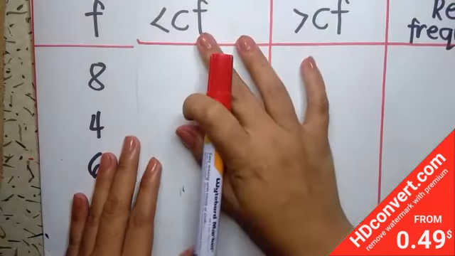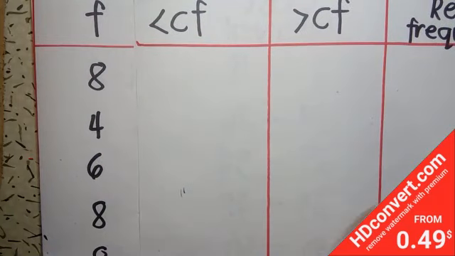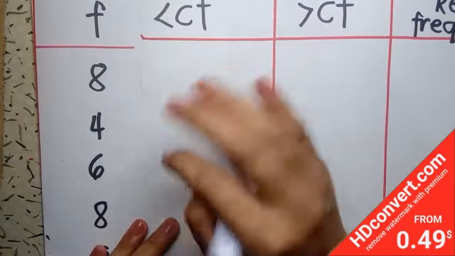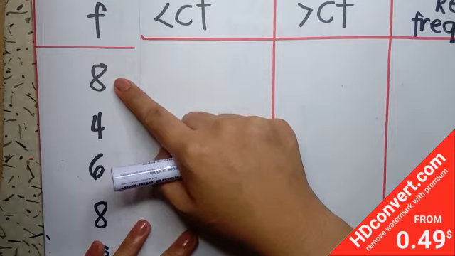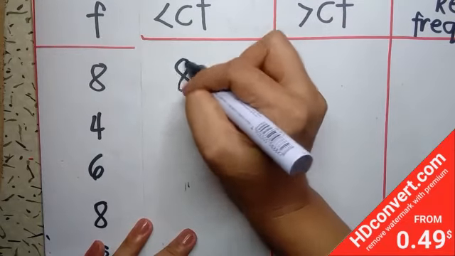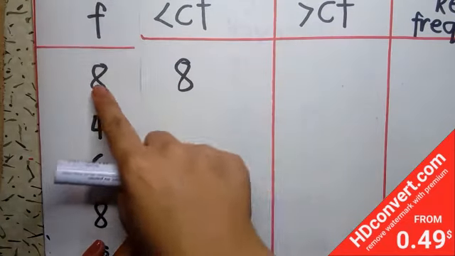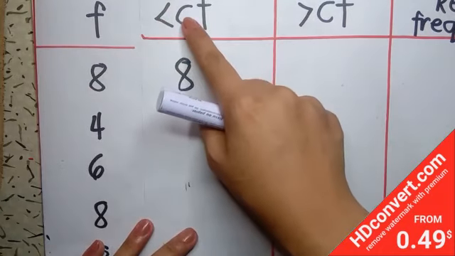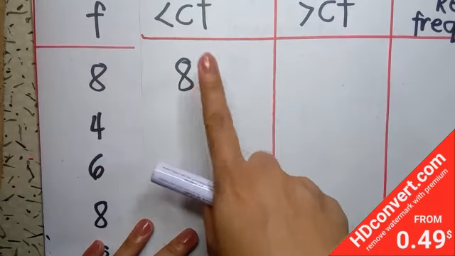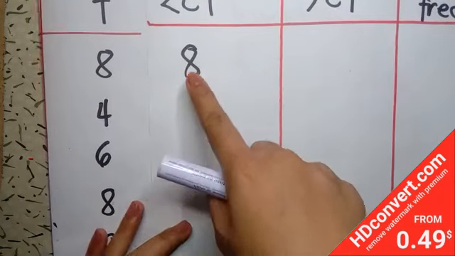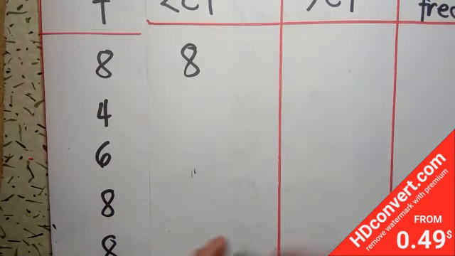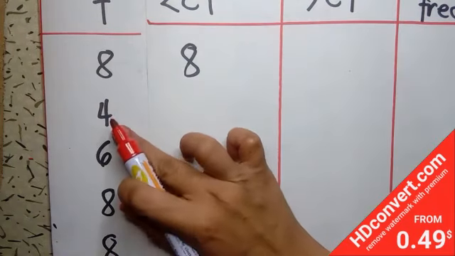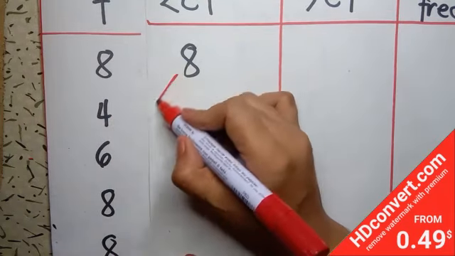Sa less than CF, kukunin natin yung unang frequency, which is 8. Yan na, copy nyo lang. Sa less than CF, kakopy nyo lang yung unang frequency dito. Next, yung 8, ipa-plus mo dun sa susunod na frequency, which is 4.